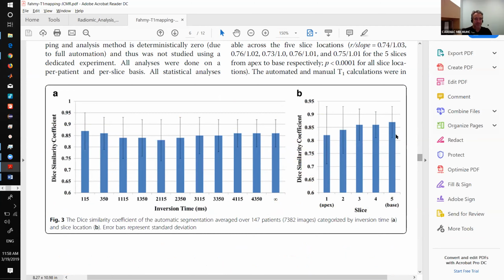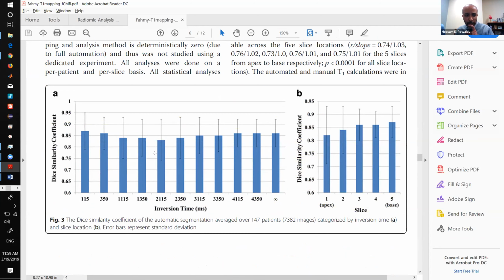Okay, sure. So for the segmentation accuracy, as you can see here, this is the dice similarity coefficient, which gives us a measure of the similarity between the manual and the automatic segmentation.